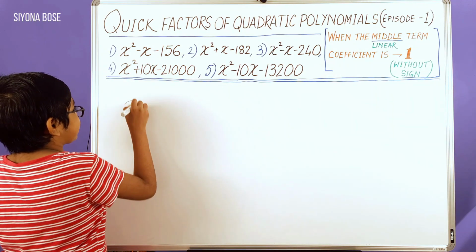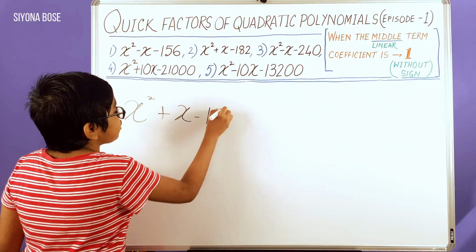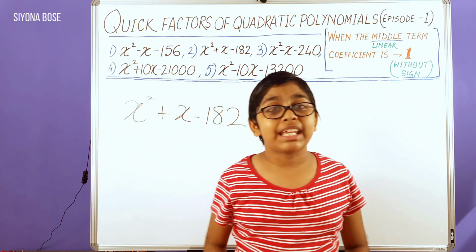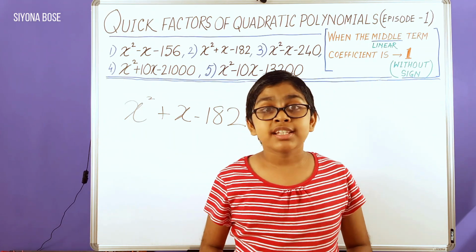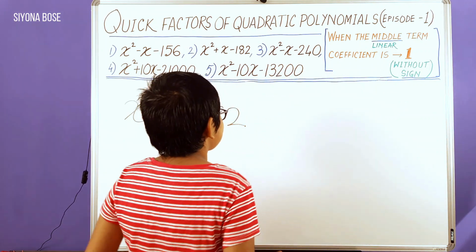Our second polynomial is x squared plus x minus 182. In this polynomial too, we need to locate 182 between two perfect squared numbers. So we will see what they are.